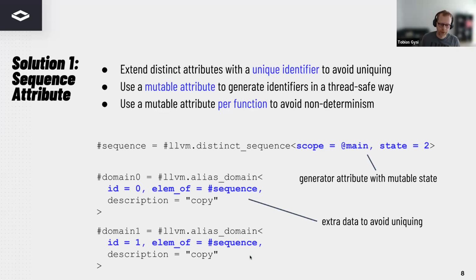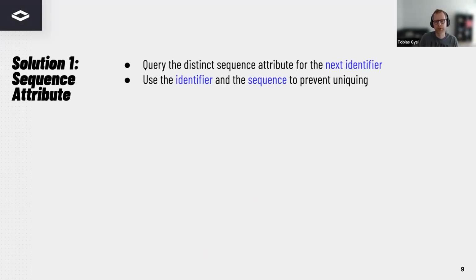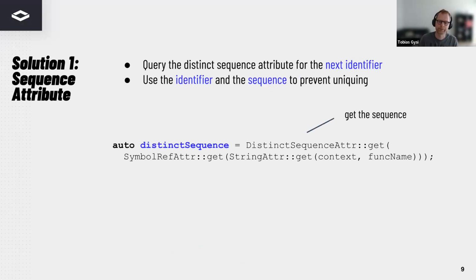Plus we also have the actual data, which is here just the copy again as in the previous example. Now this may still be a bit confusing, so let's have a look at how this looks in the code.